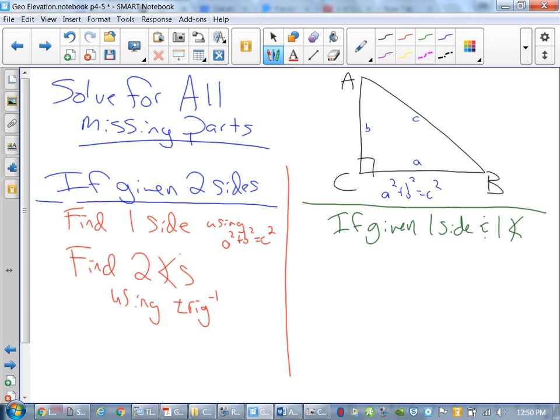You're going to find two sides by using trig of your angle, and then you're going to find one angle via subtraction.